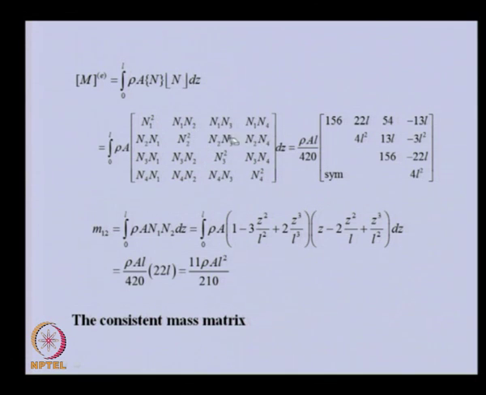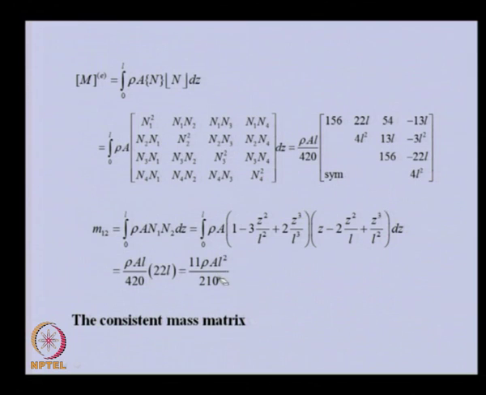If we integrate these terms, we will get this as the mass matrix. This is also a symmetric matrix and is fully populated, and that is why we call this the consistent mass matrix and consistent stiffness matrix.